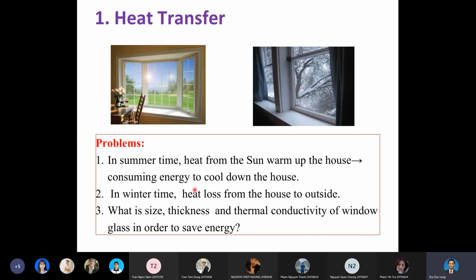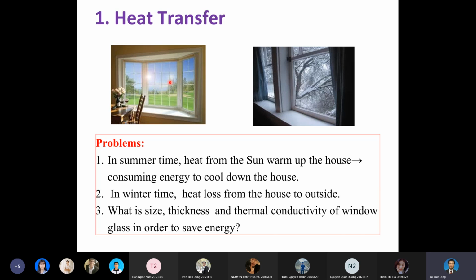In the winter time, there is heat loss from the house to the outside. So this problem you also need to study: how heat is exchanged from inside to outside, or the opposite, from outside to inside. So this involves heat transfer. It involves the size of the window and the thickness of the glass you use, and also what kind of material or glass you use. Some glass can have a high thermal conductivity.